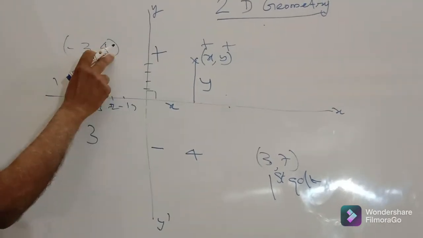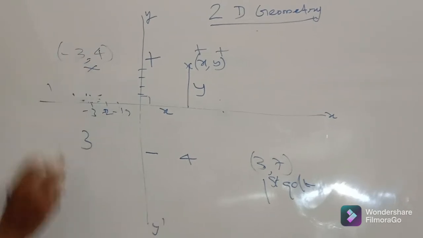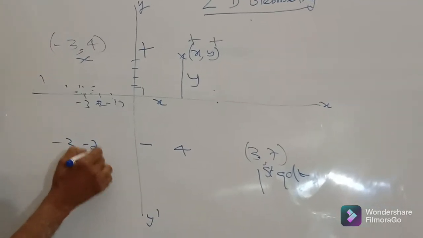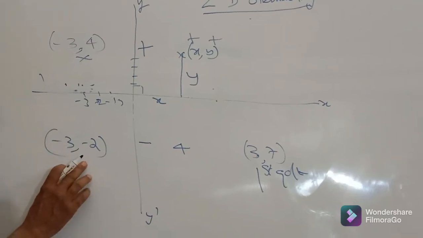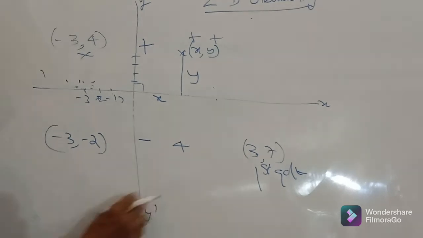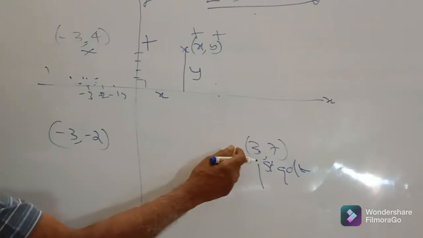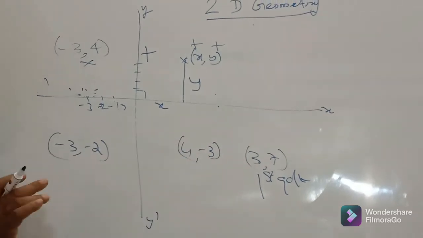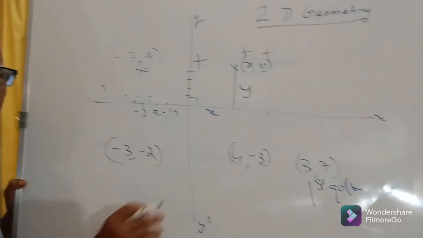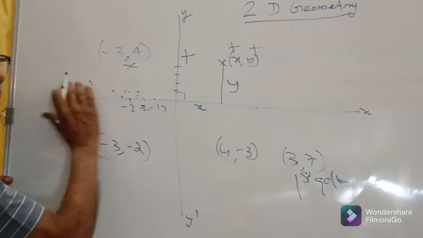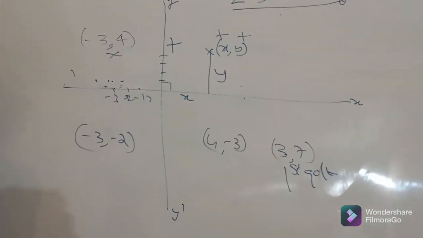So minus 3, 4 is a point in the second quadrant. Similarly, minus 3, minus 2 is a point in the third quadrant. Both are negative, x and y. And here, x is positive, y is negative. So 4, minus 3. So this is the orientation of points in the xy plane. This is called the xy plane.